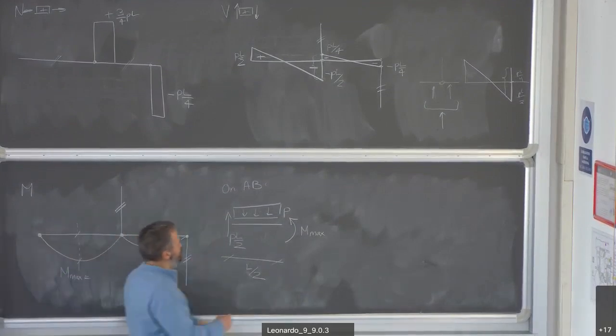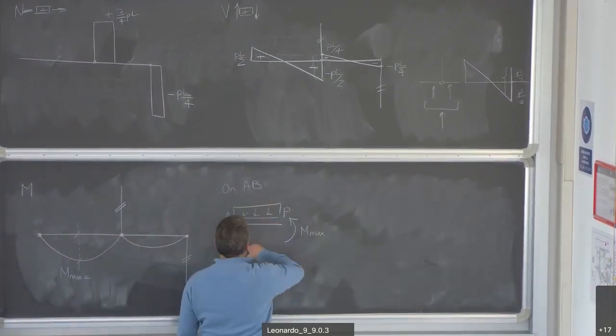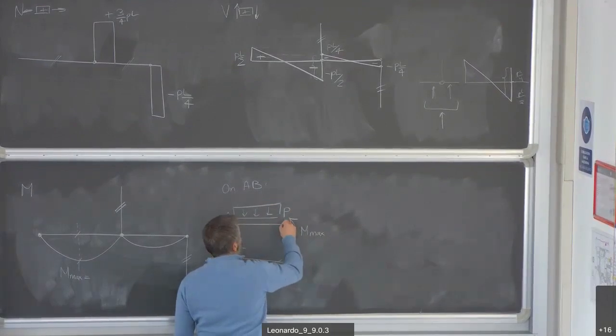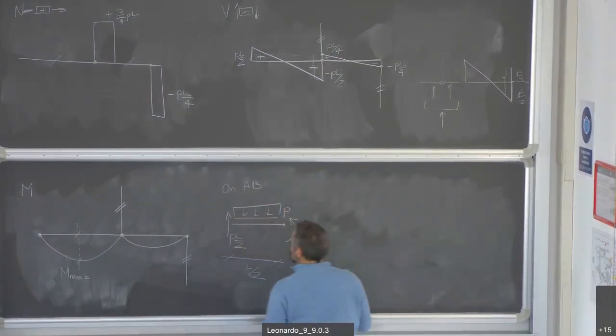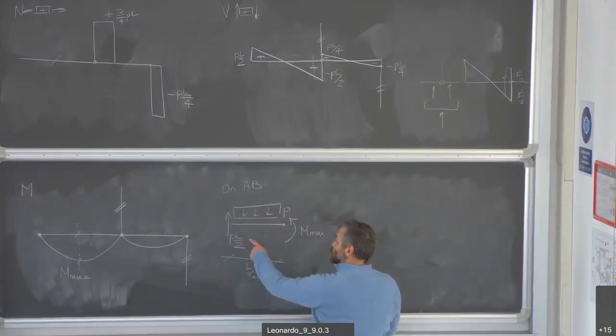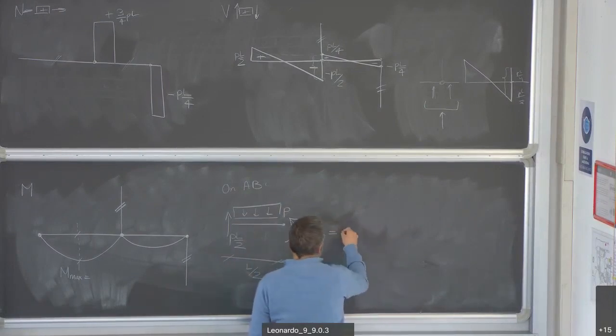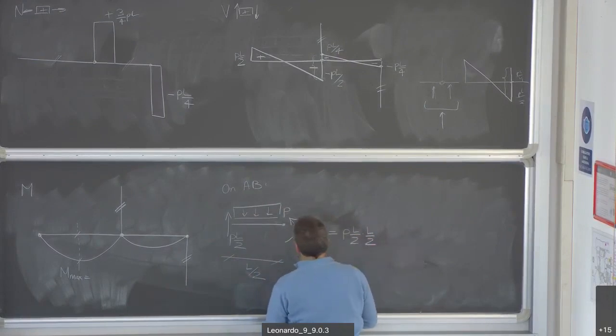M max. What is M max? This is counterclockwise. If I write the equilibrium equation, rotation with respect to this point, I have this, which is counterclockwise. This PL divided by 2 is clockwise. So I'm writing directly PL divided by 2 times L divided by 2.